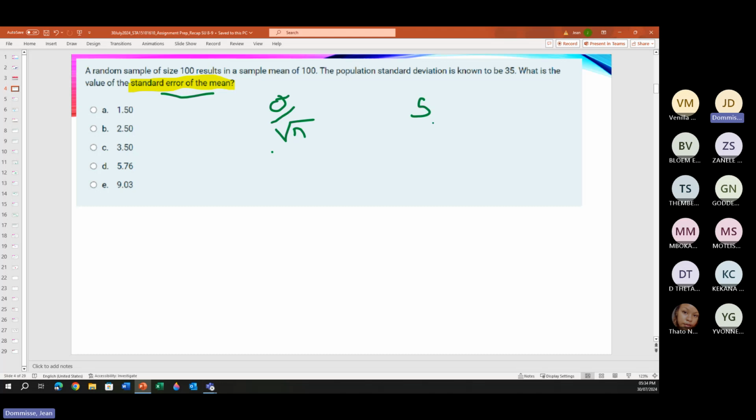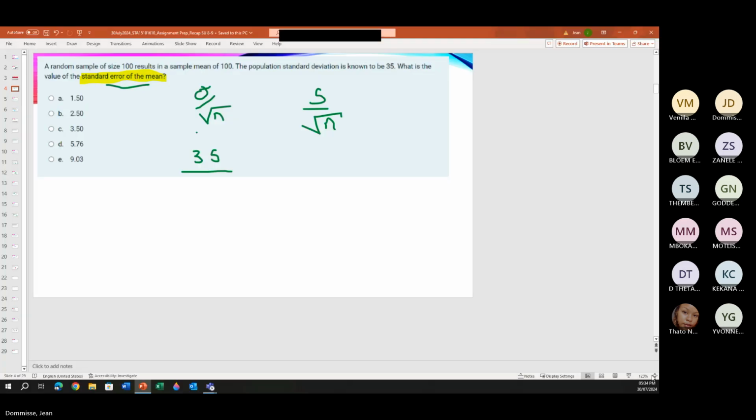If it is a sample standard deviation, we will use the sample formula for the standard error. So let's look at the information that they give us. Population standard deviation is 35. The sample size is 100.